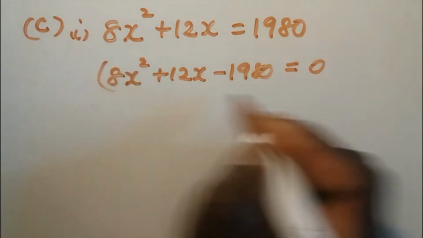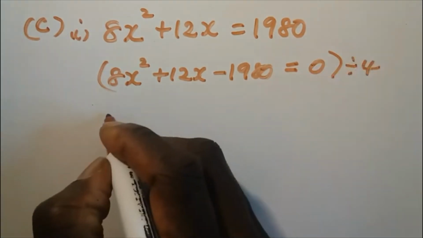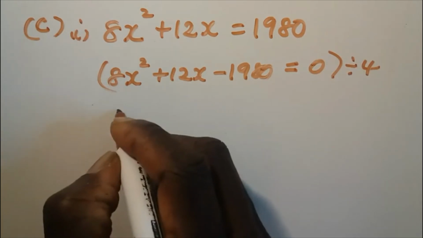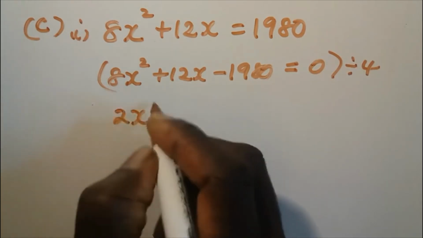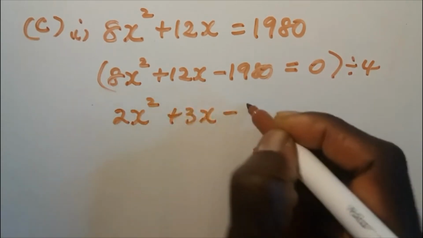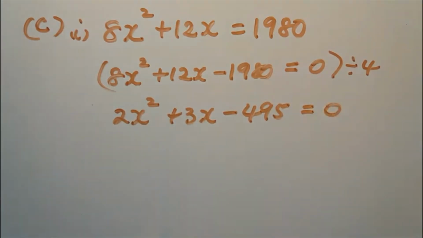So if we put this all in brackets and divide it by 4, we get our result in part I, which is 2x squared add 3x minus 495 is equal to 0. And now we need to solve this quadratic equation.